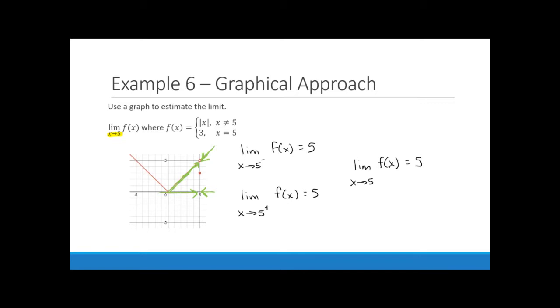Yes, because it's saying when x is equal to 5, it's 3. So that's not our limit, because that's not where the rest of the graph is going. So when you're doing these, basically get the graph, ignore the equation, and just see what the graph is doing. Right, that's kind of what I was thinking. It's all about the graph.